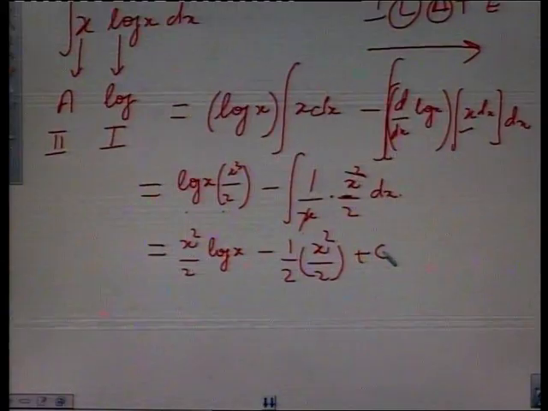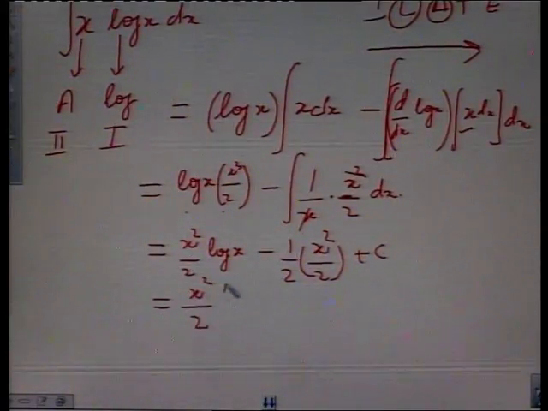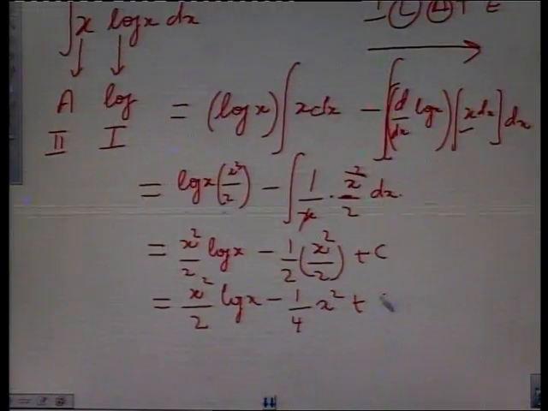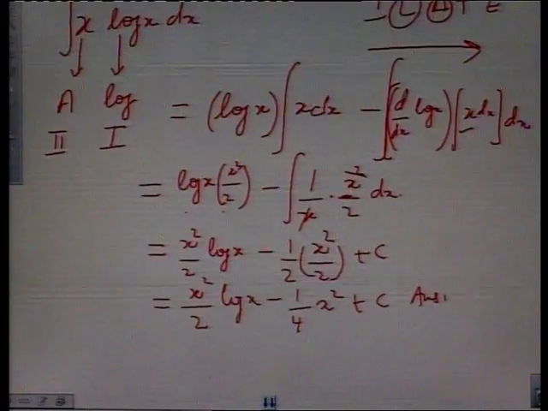If you further simplify, you get the result, that is our answer: x square upon 2 into log x minus 1 upon 4 into x square plus c. So, students, here we have learnt how to integrate product of two functions when one is algebraic and the other one is logarithmic function.